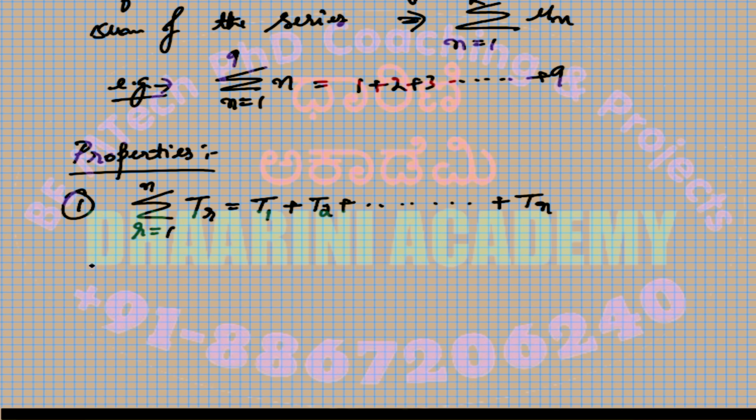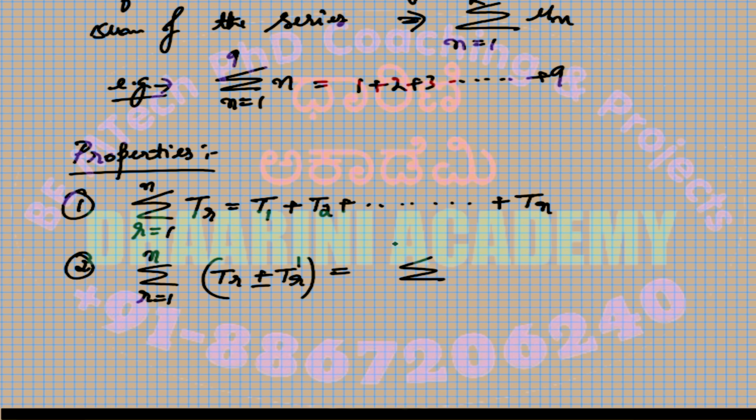Okay, then property number 2 is relating the sum or difference inside a summation. So this is r is equal to 1 till n of Tr plus or minus, say another term, say Tr dash. This can be simply replaced by two summations.